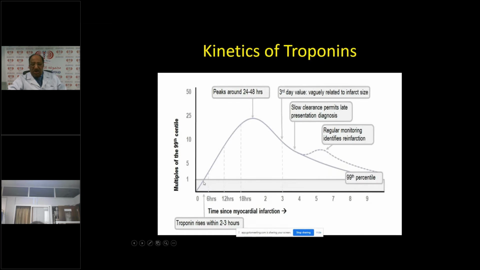So, if you check the troponin at this point or this point, it may look normal, and hence you may dismiss that case as a non-ischemic problem. So it's very important to do serial troponin levels because of this dynamic kinetics of troponin levels.